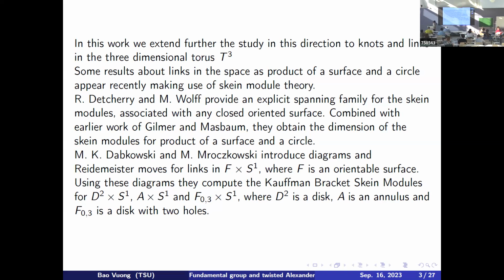That is a work by Dechery and Hoff and Dapkowski and Maskowski, on embeddings of circles in oriented surfaces crossed with the circle. Because in the case of the three-dimensional torus, it is the two-dimensional torus crossed with the circle, or the product of three circles.